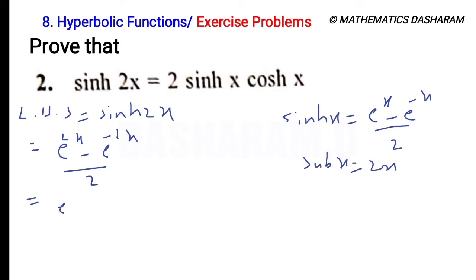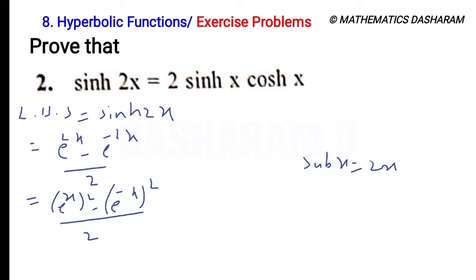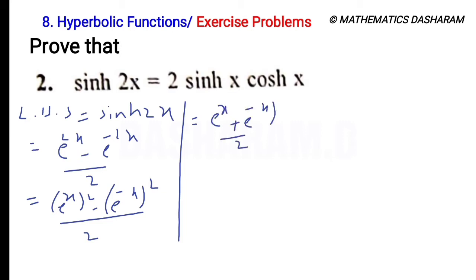So e²ˣ can be written as (eˣ) whole square minus (e⁻ˣ) whole square divided by 2. So for the numerator we can apply the a² − b² formula. So it is equal to (a + b) into (a − b), so (eˣ + e⁻ˣ) into (eˣ − e⁻ˣ) divided by 2.